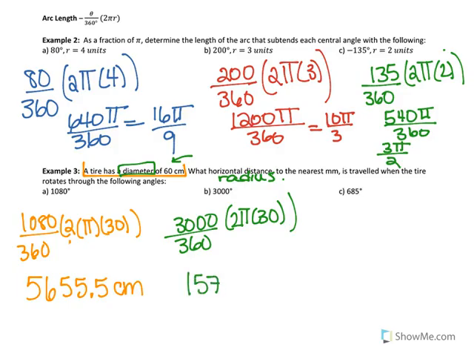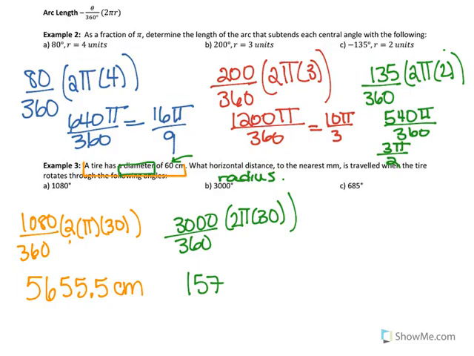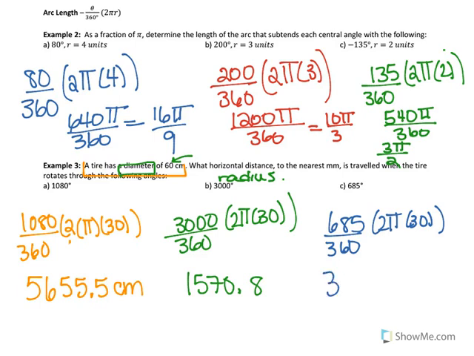So you should have got 1,570.8. And the last one, 685 over 360 times 2 pi 30, you should get 358.7 centimeters. And that's how you do arc length.